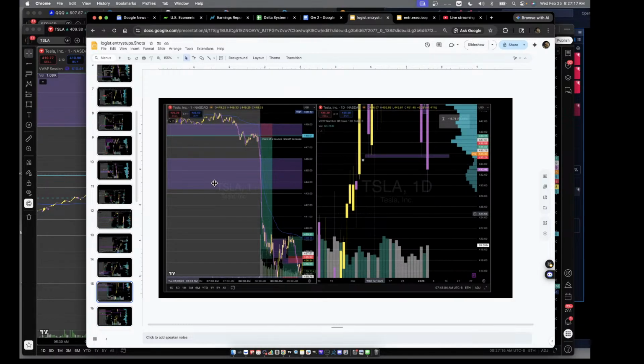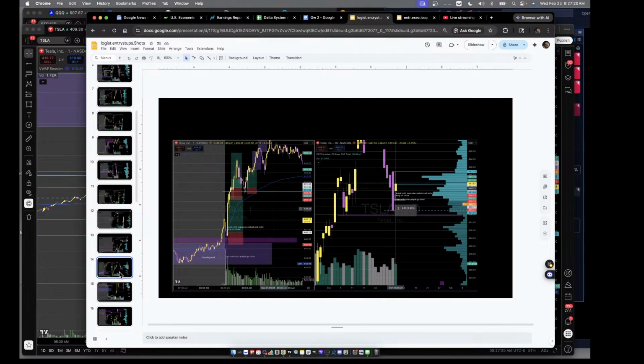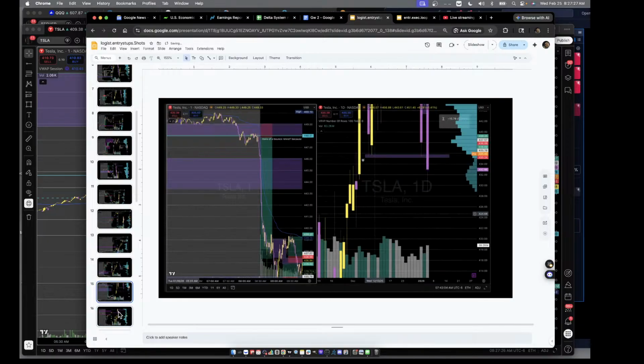I think it is the same thing. No. Right here it bounced off. More of a bounce retest because then it cuts off.